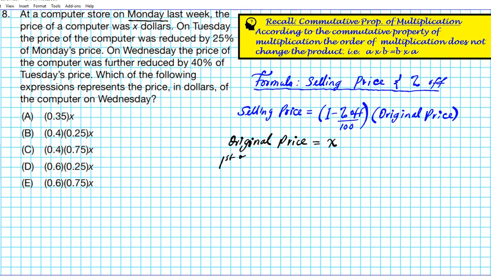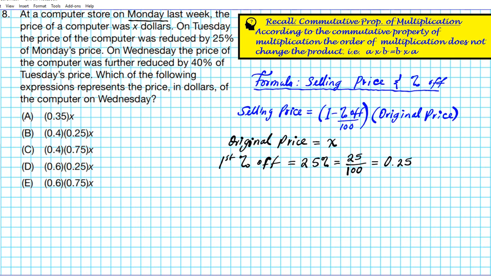So first percent off, which is the one on Tuesday, is 25%. Okay, what is 25% in decimal form? Just simply write 25 over 100. When you divide 25 by 100, you just simply move the decimal point to the left 2 places, and you have 0.25.